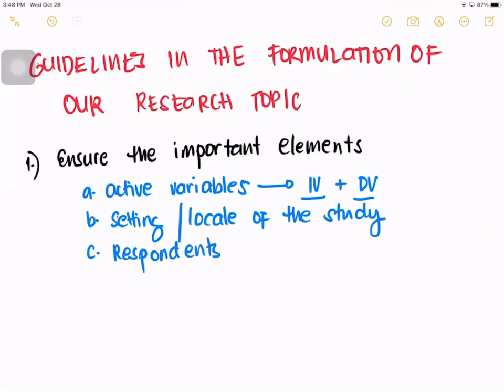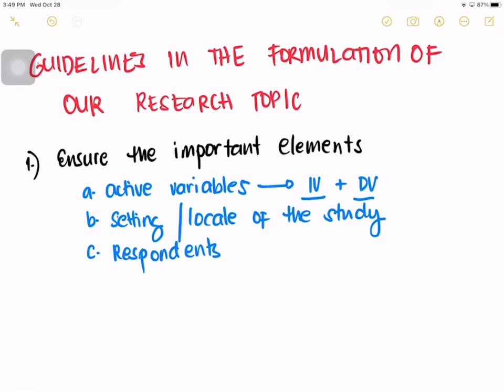The respondents would also give us a more refined search later on, if another researcher will have a similar study just like yours, and if you mention that in your title, it would easily come out in the search results.